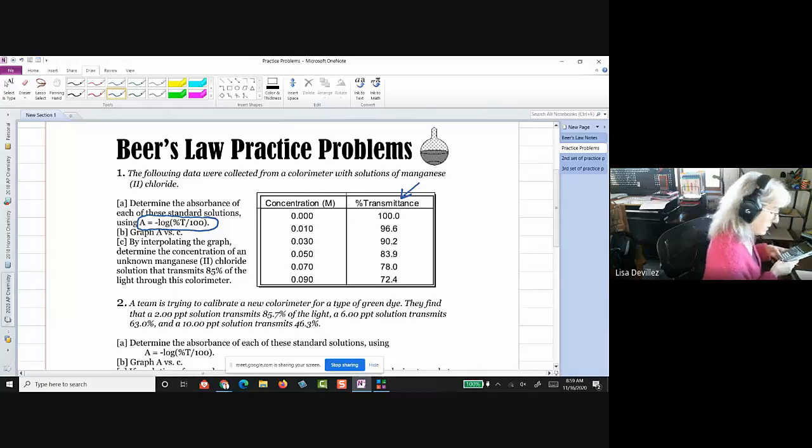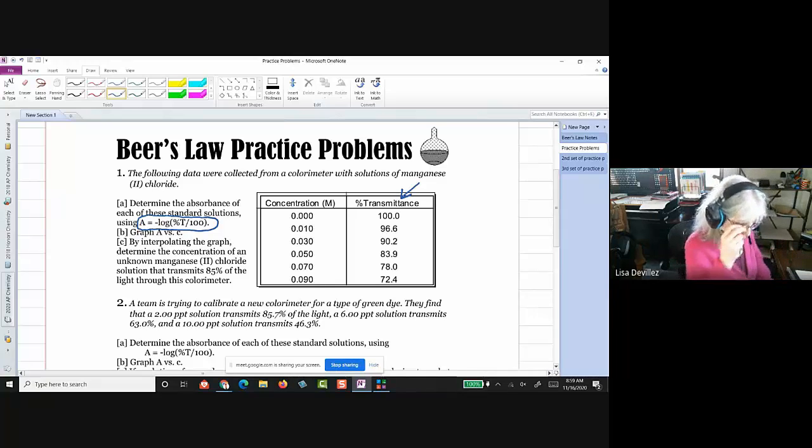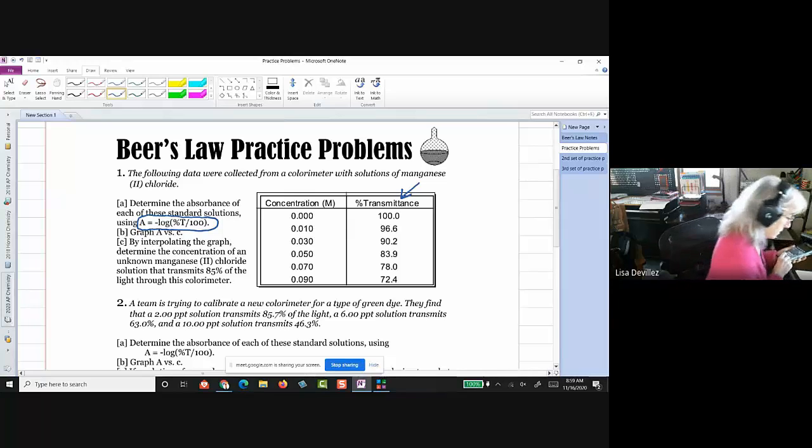So for example, we've got transmittance 100, so negative log of 1.